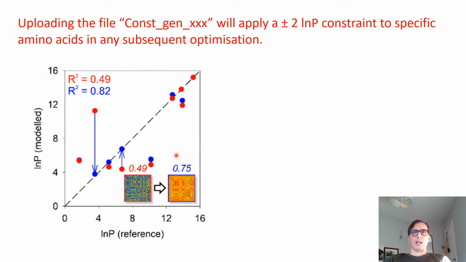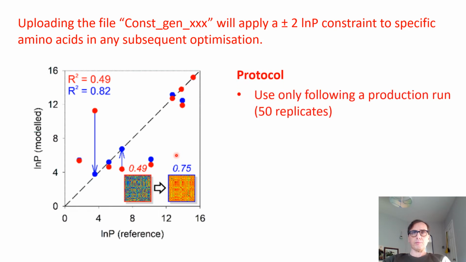So if you want to apply constraints to your data, then we recommend you follow this protocol. Constraints should only be used following a production run. So that's an optimization that has had at least 50 replicates.